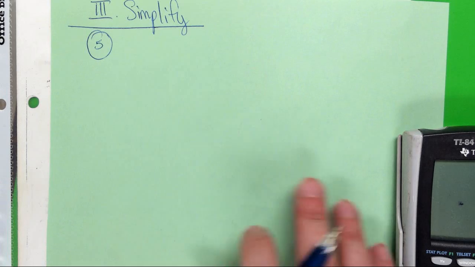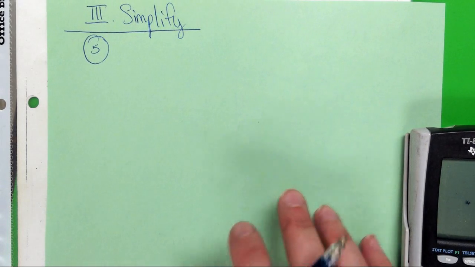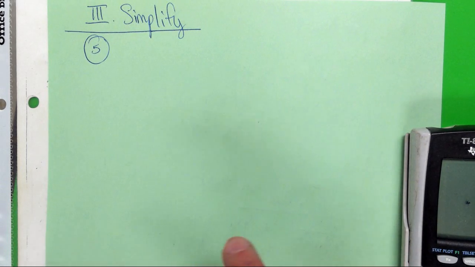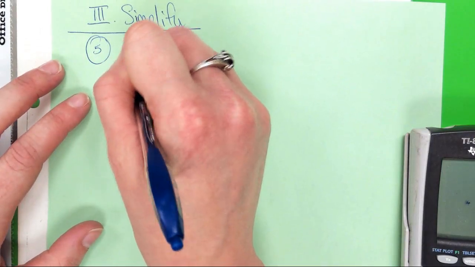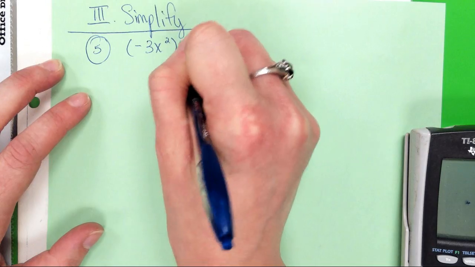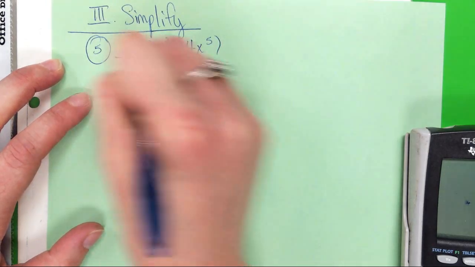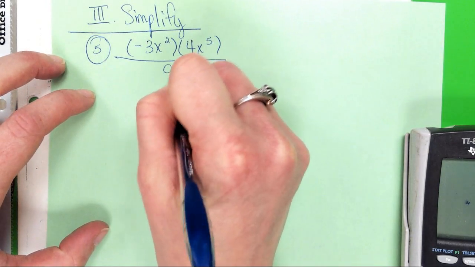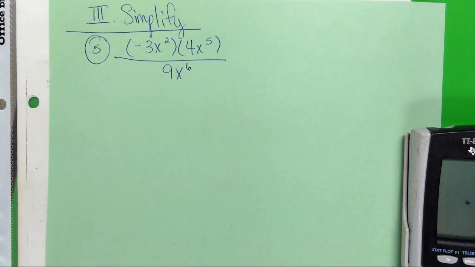Alright, directions here just say simplify, right? They don't say find zeros, they don't say excluded values, I'm not setting anything equal to 0. I'm just going to simplify. So here we go. Ooh, we got to take a stroll down memory lane.